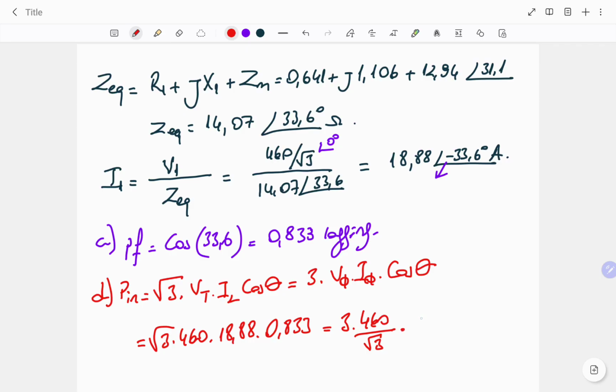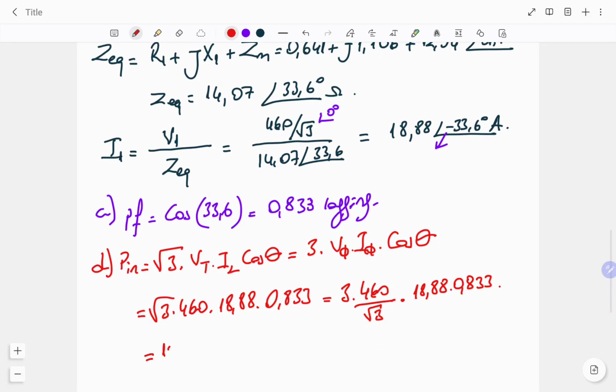Current will not change because phase and line currents are equal to each other in Y connection. So 18.88, and the same power factor will be here. So 12,530 watts will be the input power of this induction motor.